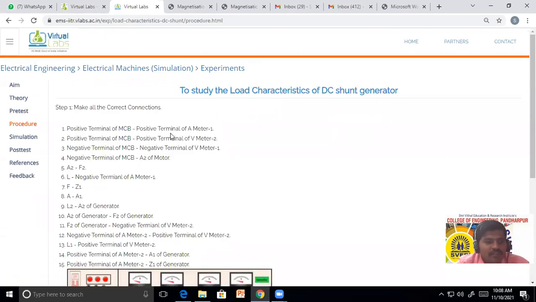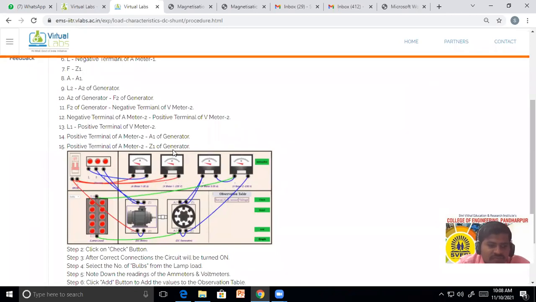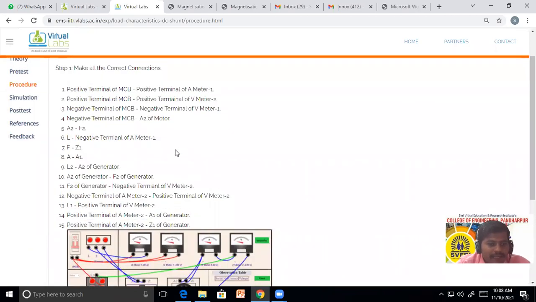Now the procedure for obtaining this. See here, the procedure is given. The positive terminal of the MCB is connected to the positive terminal of meter 1. The second positive terminal of the MCB is connected to the positive terminal of voltmeter 2.